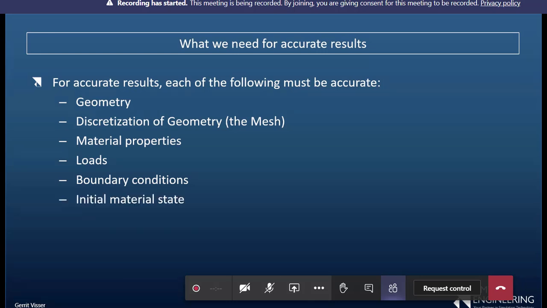Okay, then initial material state is something we often ignore. If I look at something that's formed or forged, I already have a certain stress state, which if I change something in that structure, I drill a hole or something, I can already relieve the stresses, which means I'll get distortion. So that's something we often ignore. But in certain analysis types, we need to be really accurate.